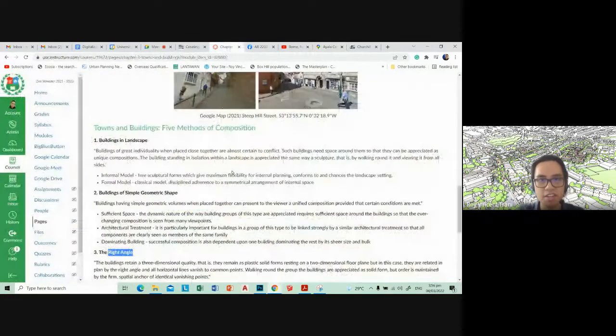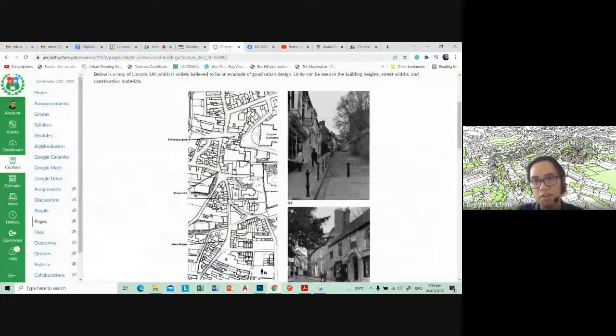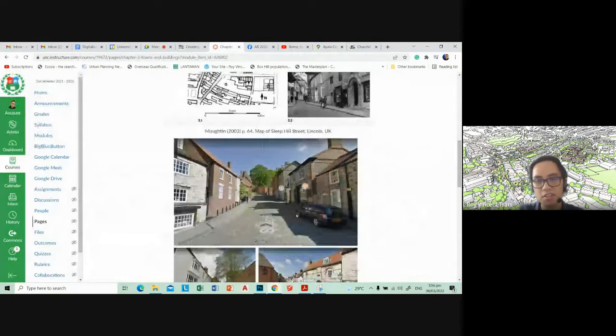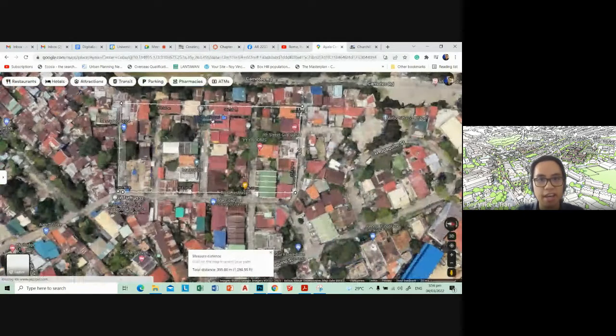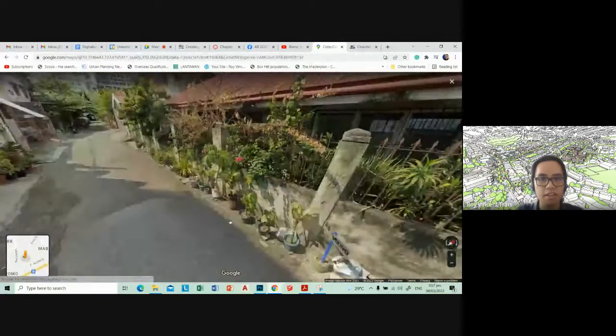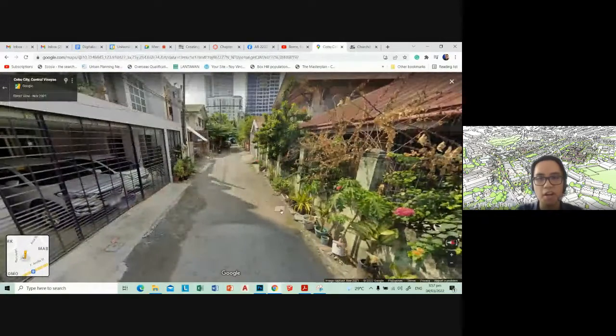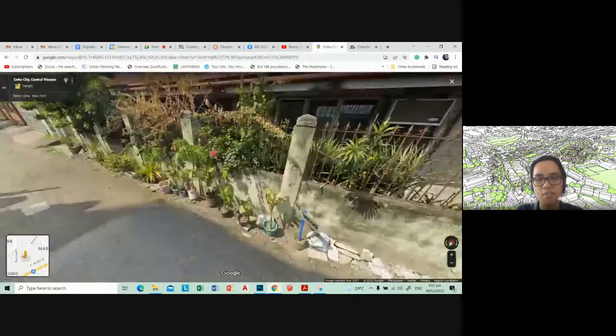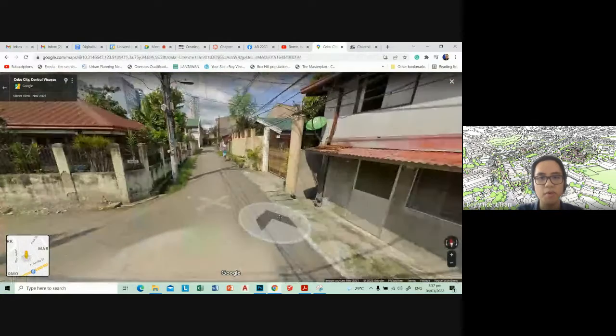Because as we stated earlier, Hill Street is also very irregular. Hill Street looks good from the point of view of the pedestrian, and this part of Ayala, at least in this section, would look good, but the building heights aren't regulated. There is no sidewalk, no clear walking path, and this is really just a street for the cars.